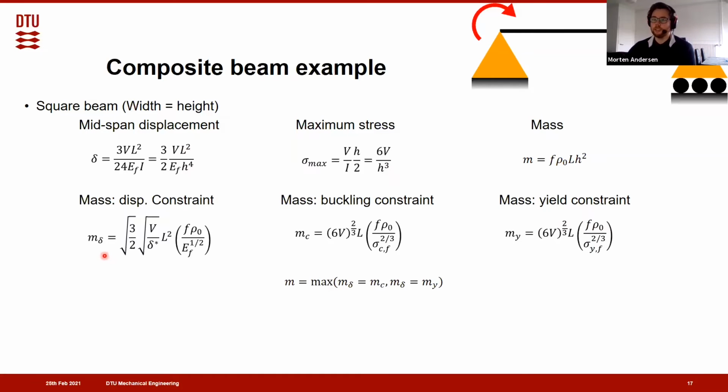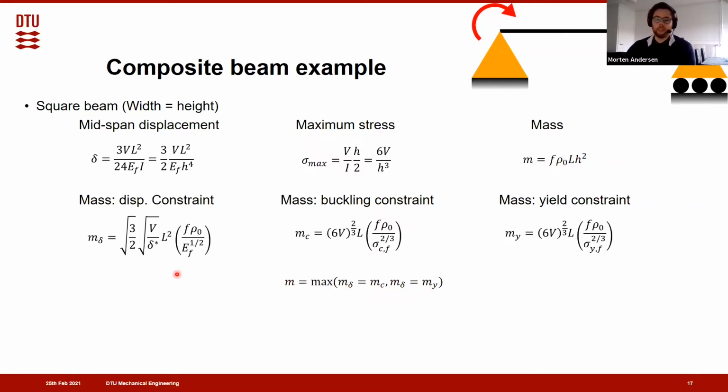So here is a displacement constraint on the beam, a microstructural buckling constraint, and a microstructural yield constraint. The optimal beam will be the one that satisfies both the displacement constraint and the buckling constraint, or the displacement constraint and the yielding constraint, depending on where we operate, whether yielding or buckling is the dominating failure mechanism.